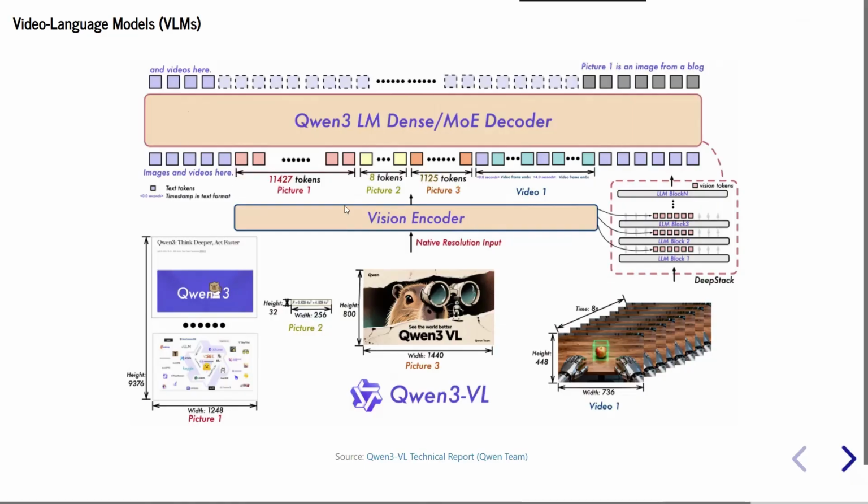And then we have a vision encoder that this time is able to take as input both images and also a video. When you think about a video, you need to think about it as a sequence of frames, so a sequence of images. The only thing that is important to do in addition to images is to keep track of the time step where each frame appears in the video.